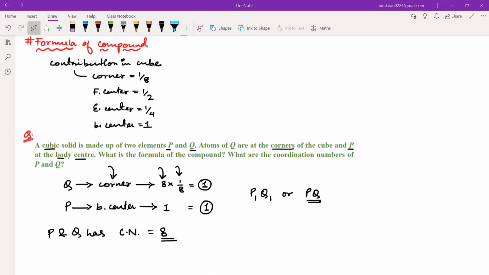Do this one first. Let me know if you're done.